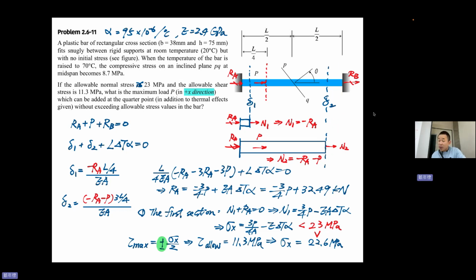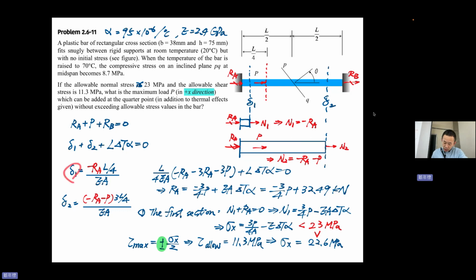Although we draw the free body diagram with a longer length, that is because we choose the left-hand side. I believe some students asked me about this yesterday after the course, so I try to explain this formally in this class.